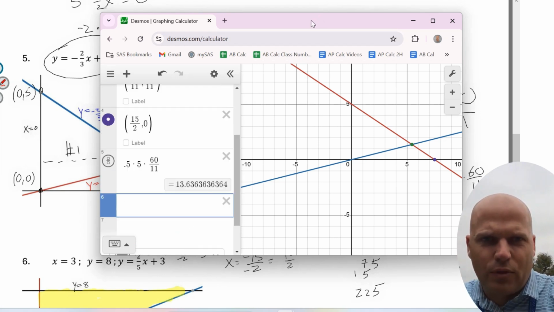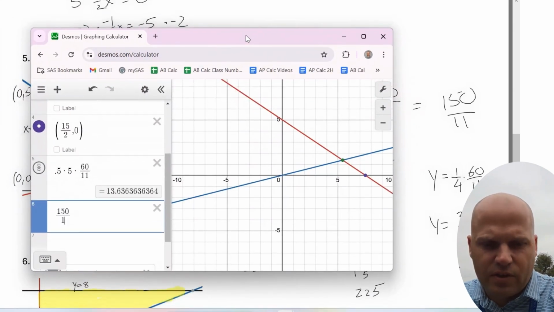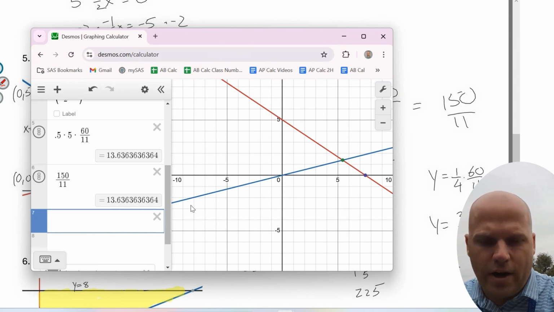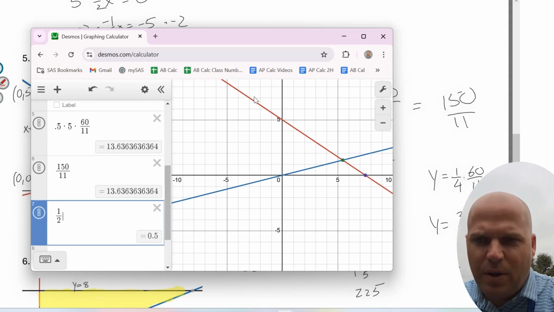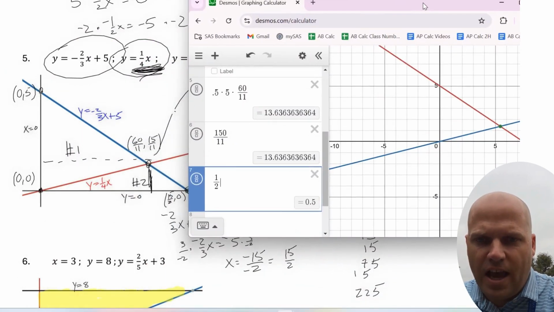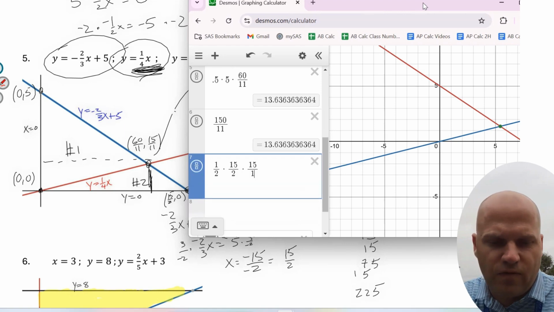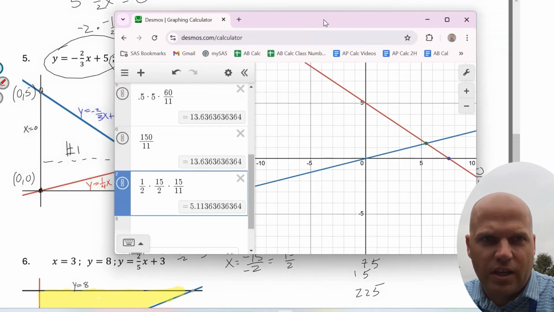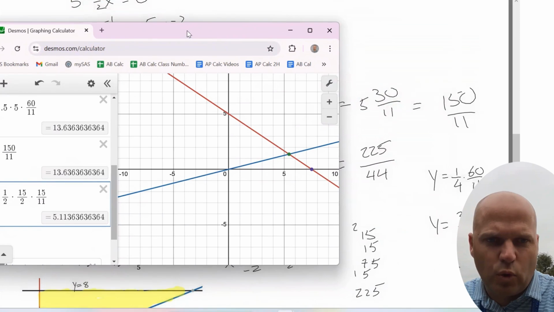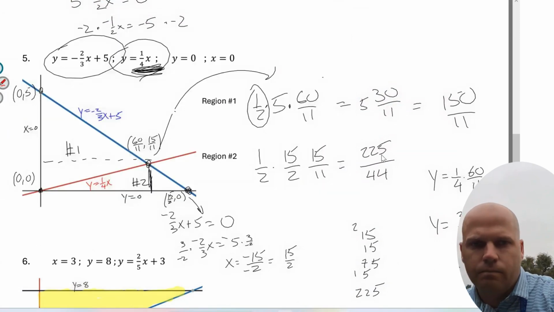That 16.363, which I say is 150/11ths. There you go. And then the other one is 1/2 my base length, which was 15/2. Then my height, which was 15/11ths, which I get is 5.1136, which I said was 225/44ths. There you go.